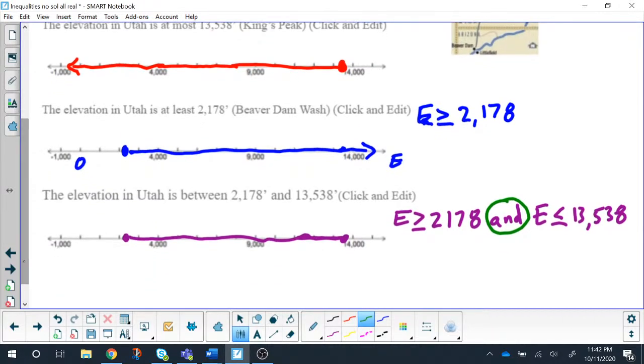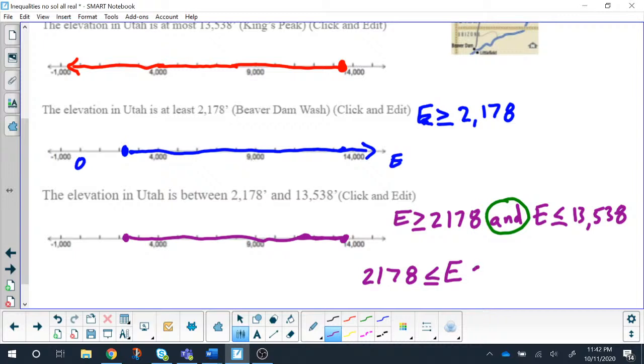And there's a way to write this that's really convenient, because we're saying that the elevation is between these two values. It works out really nicely when you put the least number on the left, 2,178. Notice in this statement, I used the symmetric property of inequalities to rewrite it.